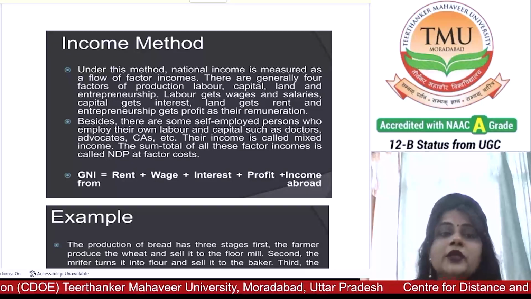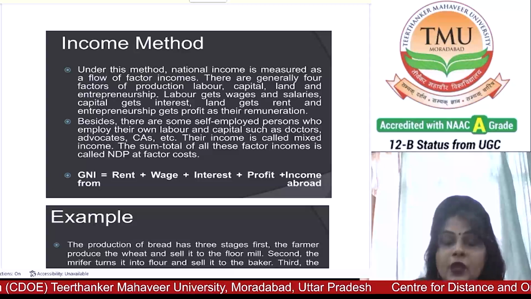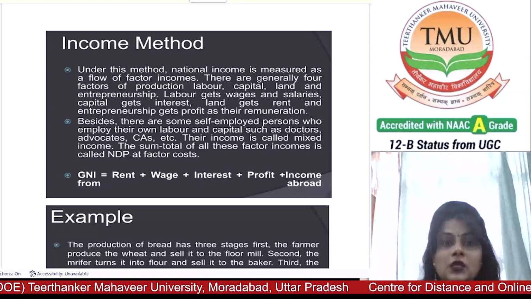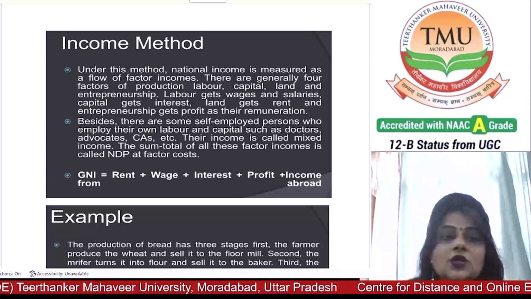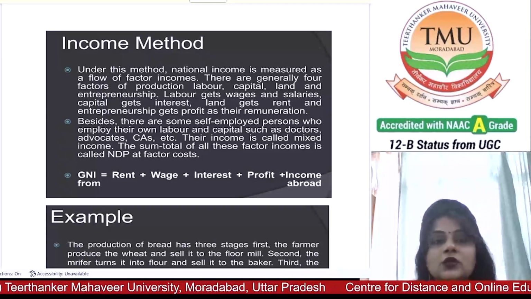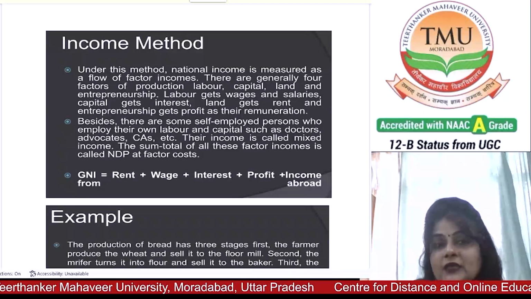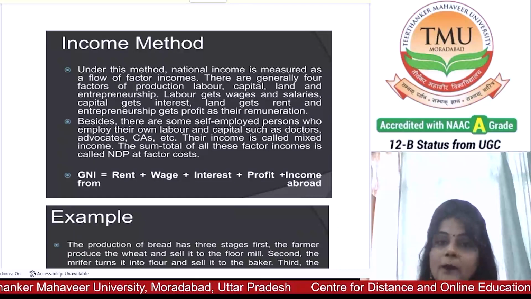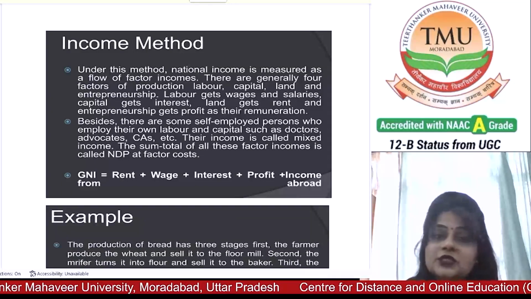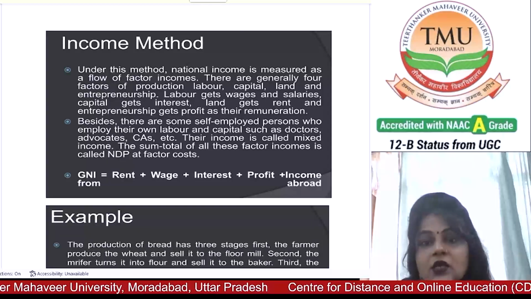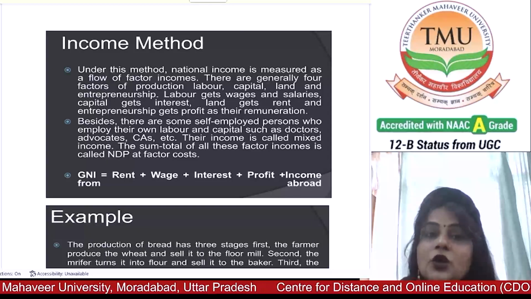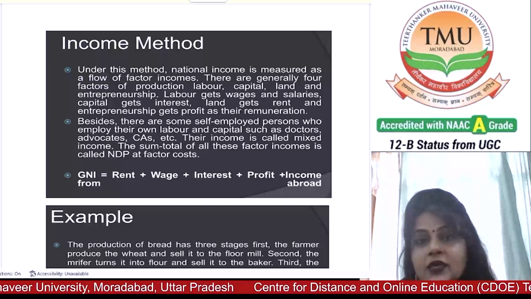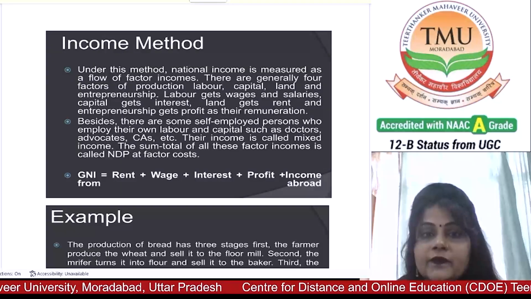The components of factor income begin with the compensation of employees, COE. COE refers to the amount paid to employees directly or indirectly by the employers in exchange for their services. It includes all kinds of payments and benefits received by the employees directly or indirectly.